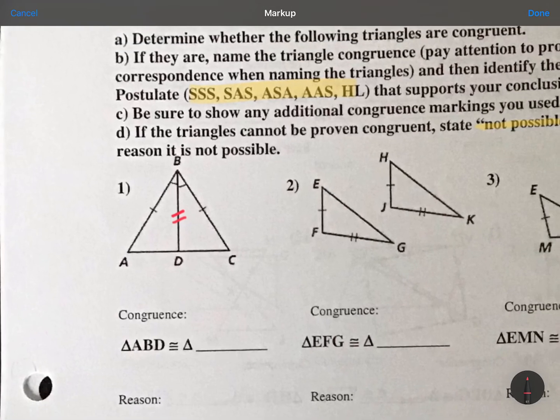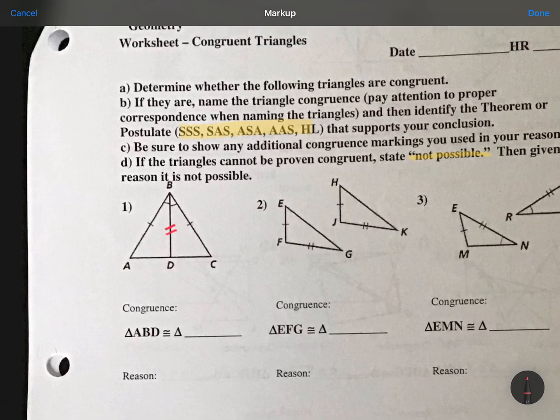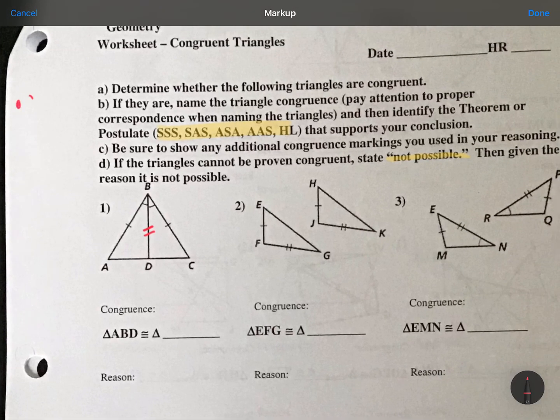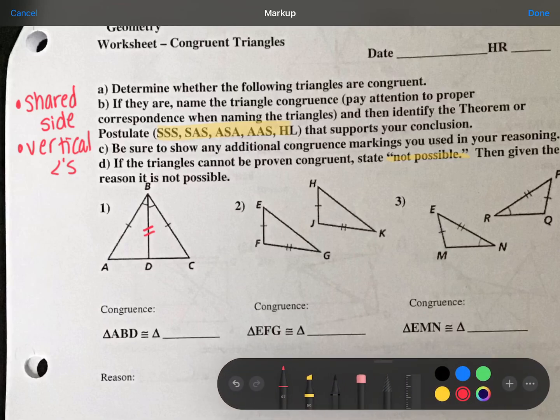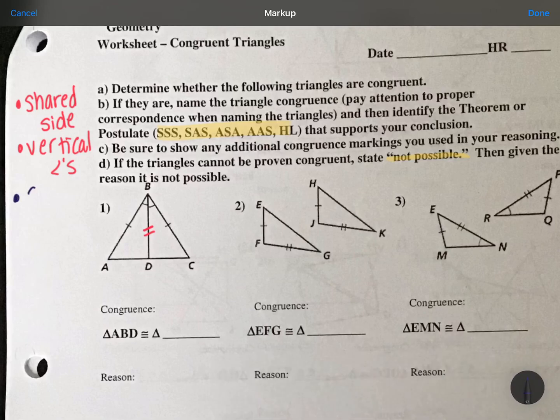So now you want to ask yourself, do you have 3 things? So first you want to ask yourself, shared side or vertical angles? Mark it if you have them. Then you want to ask yourself, do you have 3 things marked?